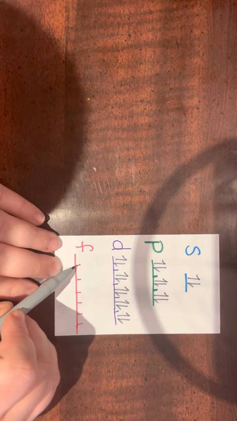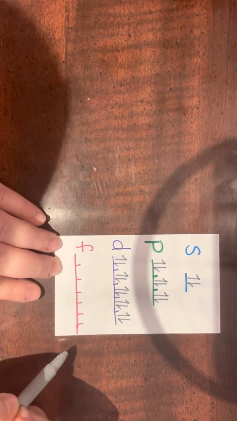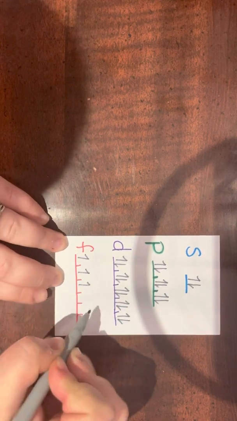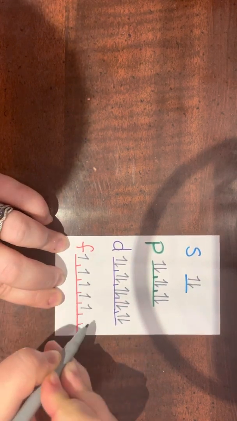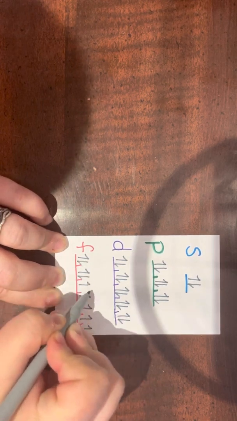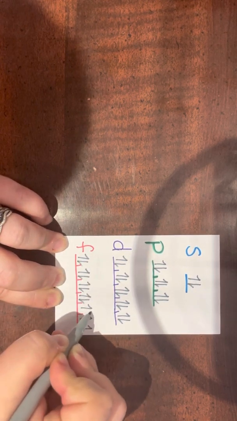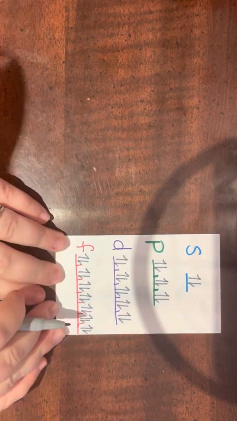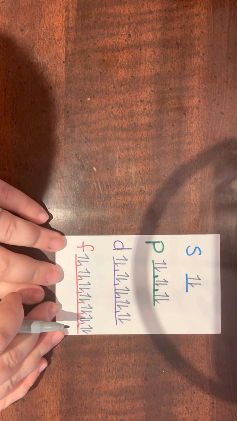And likewise, the F sublevel has 7 orbitals. Each orbital can hold 2, so it can hold a total of 14, but when we're putting the electrons into orbitals, again, we always do 1 in each orbital before doubling up, and we can see that it can hold a total of 14 electrons.